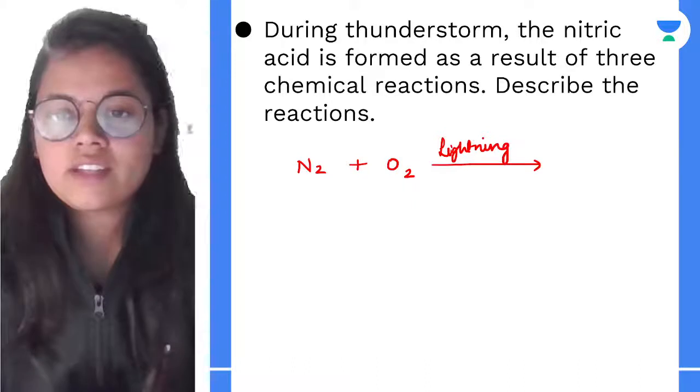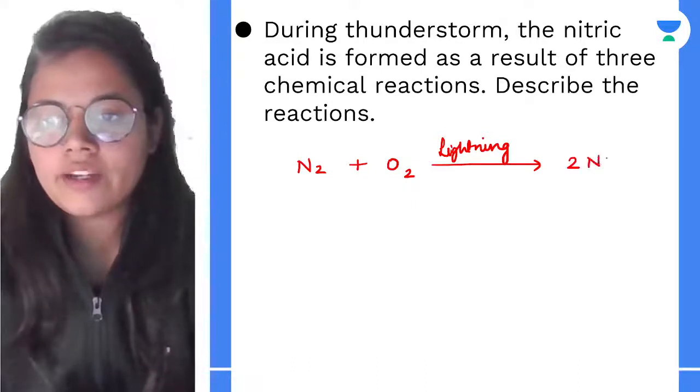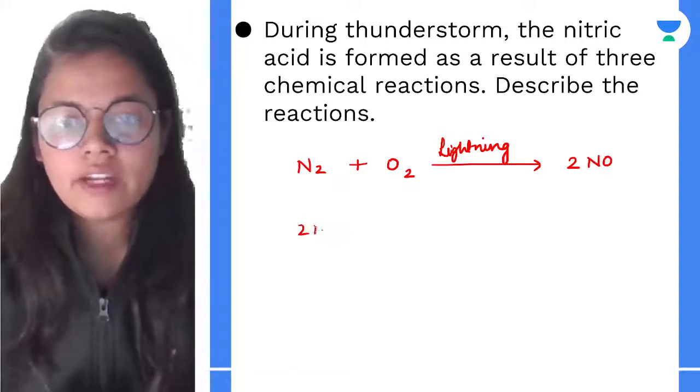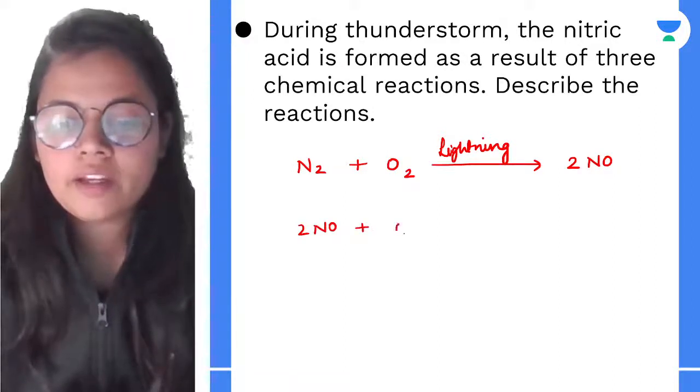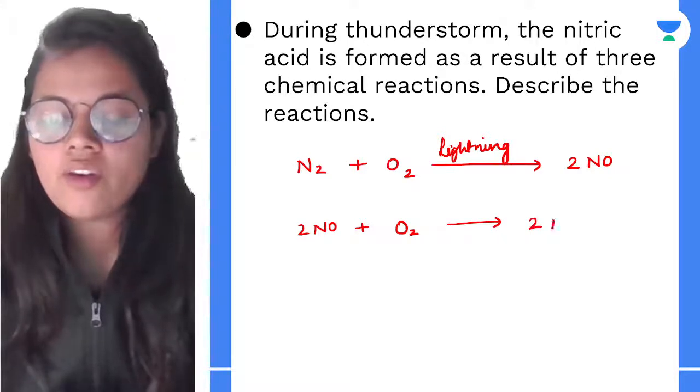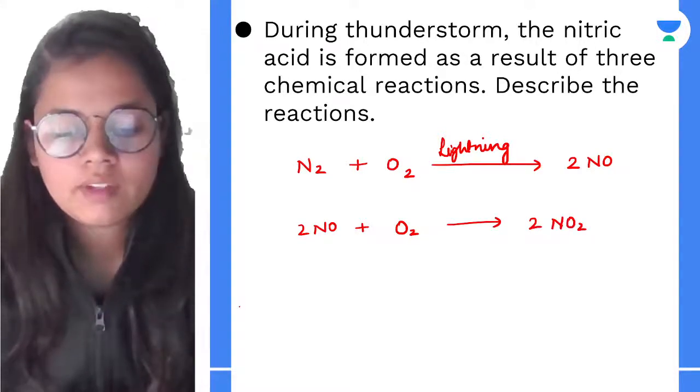Okay, so basically over here we will be getting nitric oxide. Now when this nitric oxide combines with oxygen, it forms nitrogen dioxide. Correct.